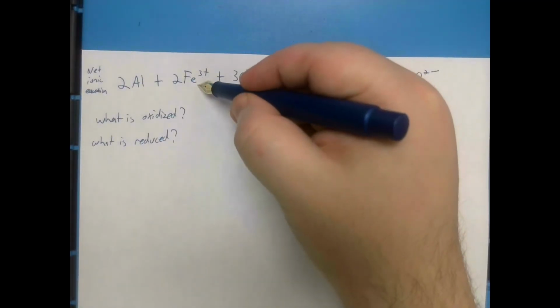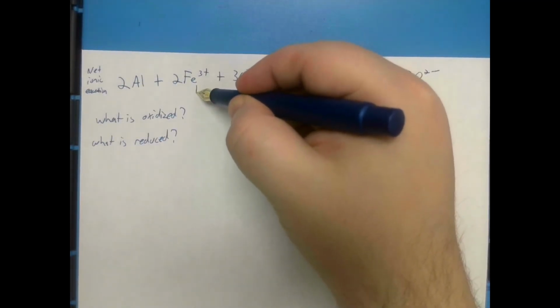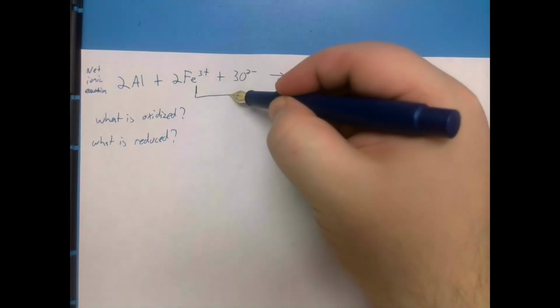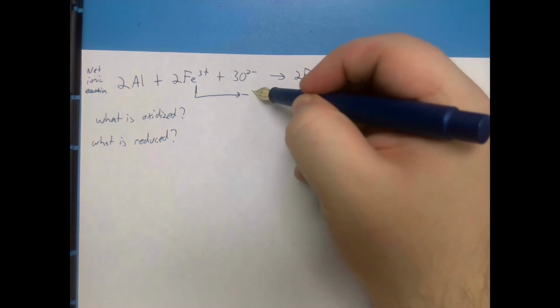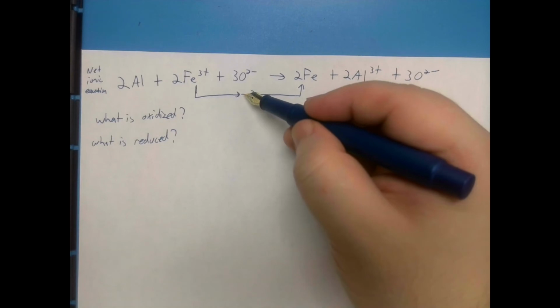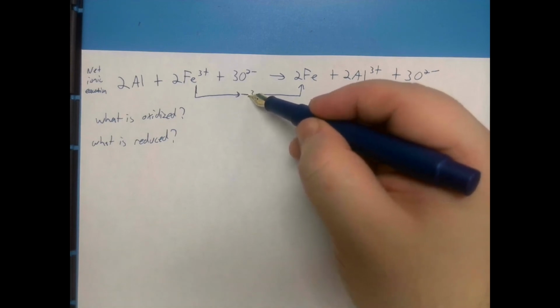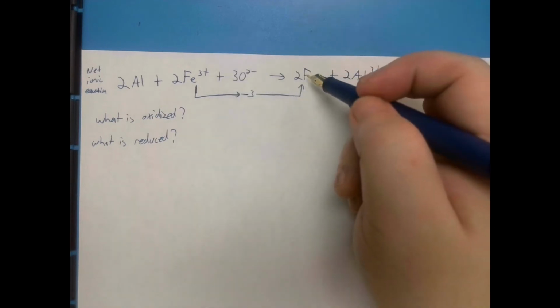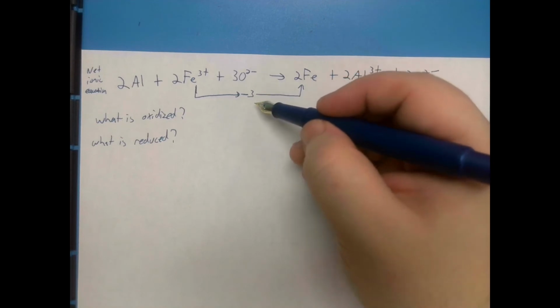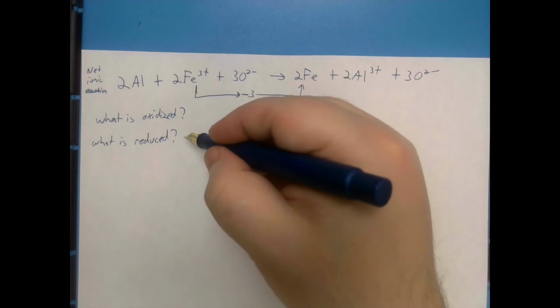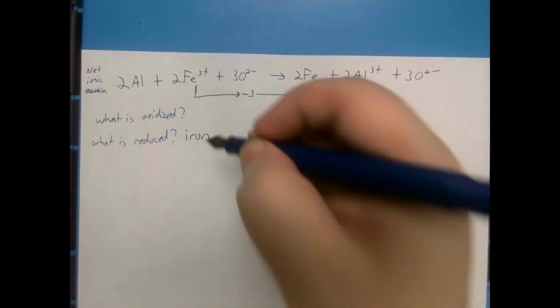So iron is going from 3 plus to 0. How is it doing that? By subtracting 3. This is decreasing. How do you go from 3 plus to 0? By gaining or losing electrons? By gaining electrons. This is reduction.